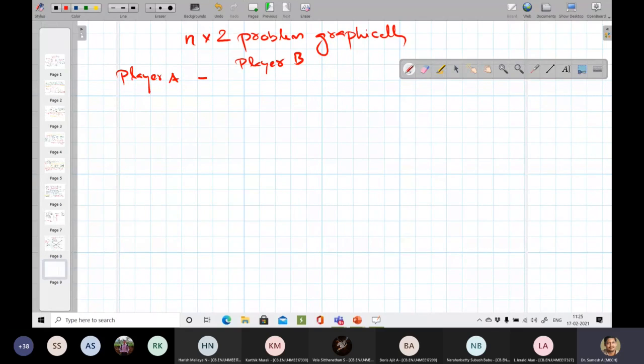For example, we'll take a similar type. I will say 1, 2, and 3 for player A, and player B has only 2, 1 and 2. The values are 4 and 2, then 3 and 8, then 2 and 12. So I have to make it graphically.